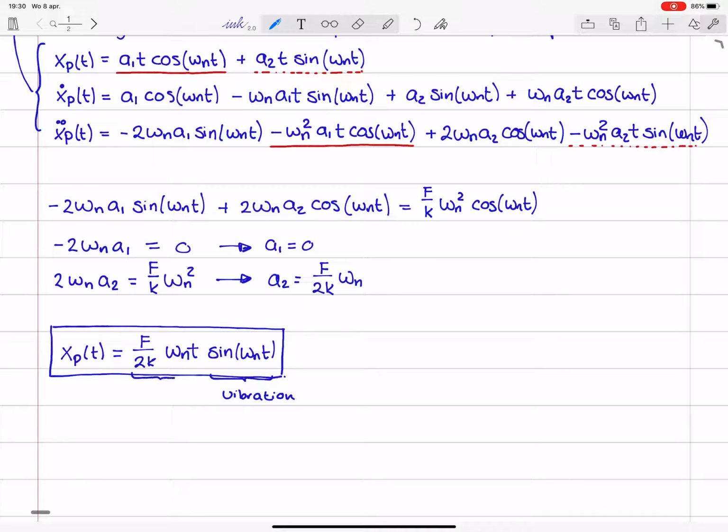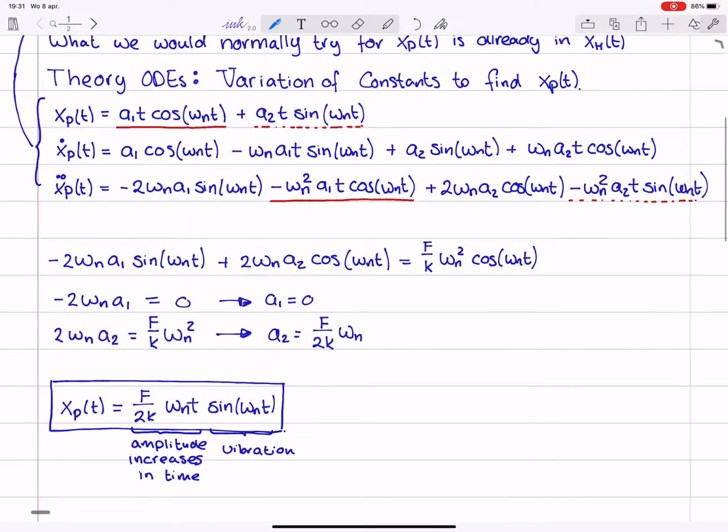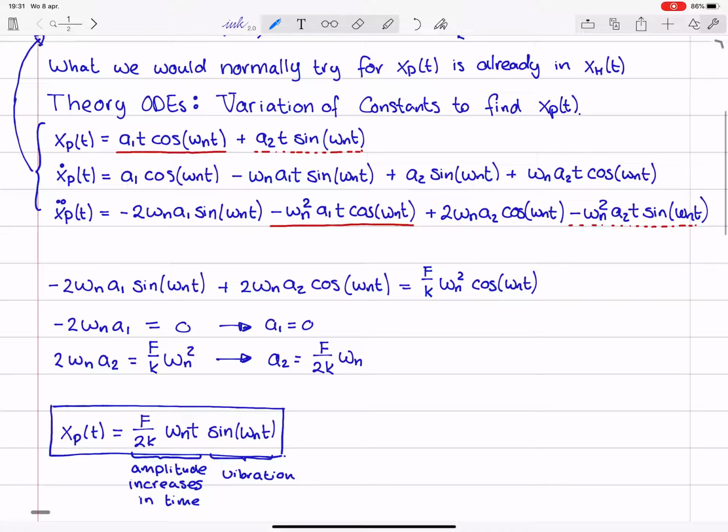But what we can see from this amplitude is that this amplitude increases in time. So what we determined in last lecture, I discussed the steady state solution, and we saw that in steady state apparently we find for this specific case infinite.